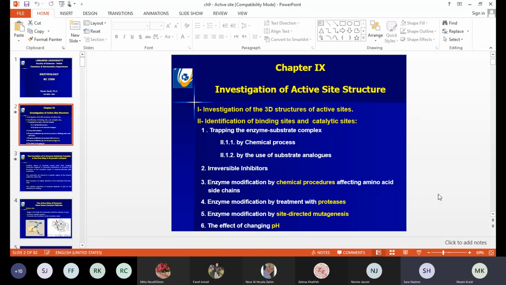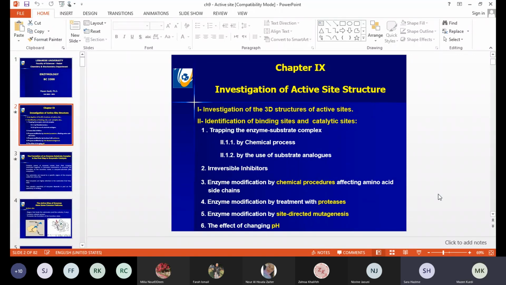But the second phase, from ES to E plus P, is a very quick reaction. So once you have the formation of ES, the breakdown of ES to E plus P is very quick. So it's very difficult in an enzyme catalyzed reaction to isolate the complex ES, because once you form ES, directly it will dissociate to E plus P.